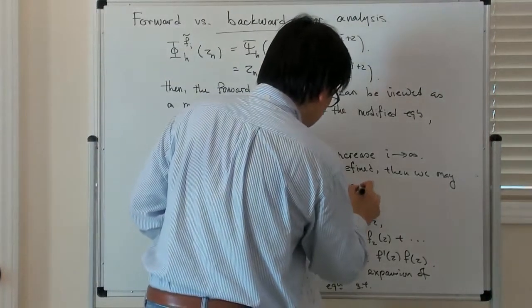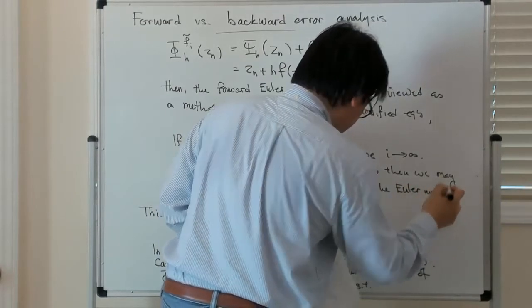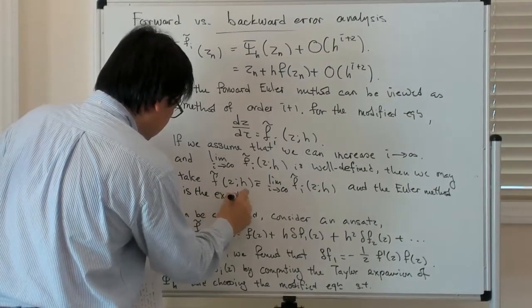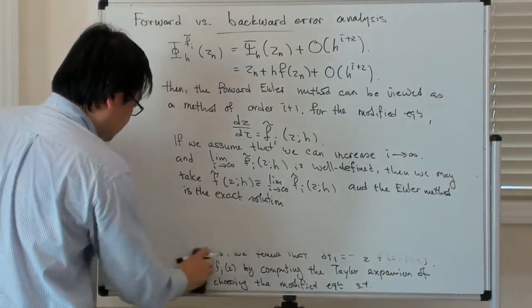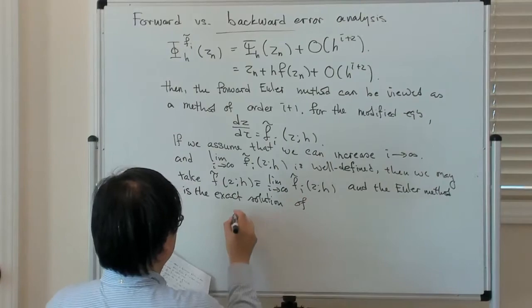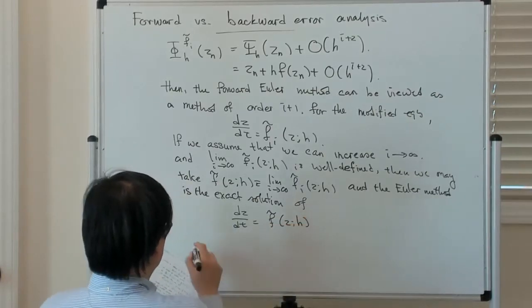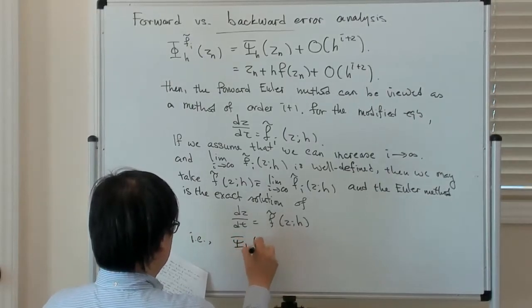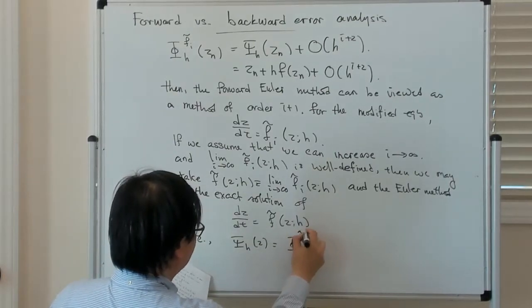And the Euler method is the exact solution of this modified differential equation, dz dt is equal to f tilde of z, h, which also means that the numerical one-step method is equal to the time h flow of this modified vector field.